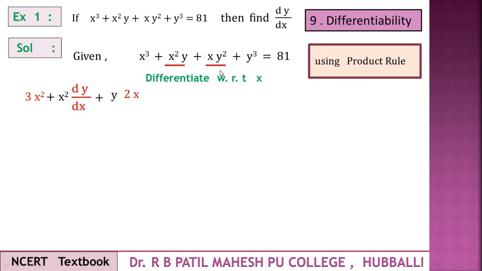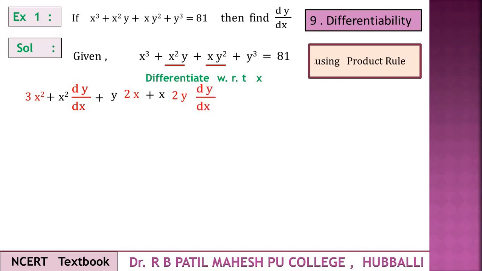Now go for the third term, so plus as it is. Now the third term, again using the product rule. First term as it is, x, and the second term derivative, y square. We have to write y square using the formula for y raised to n, into dy by dx. So y square is written as 2y into dy by dx.